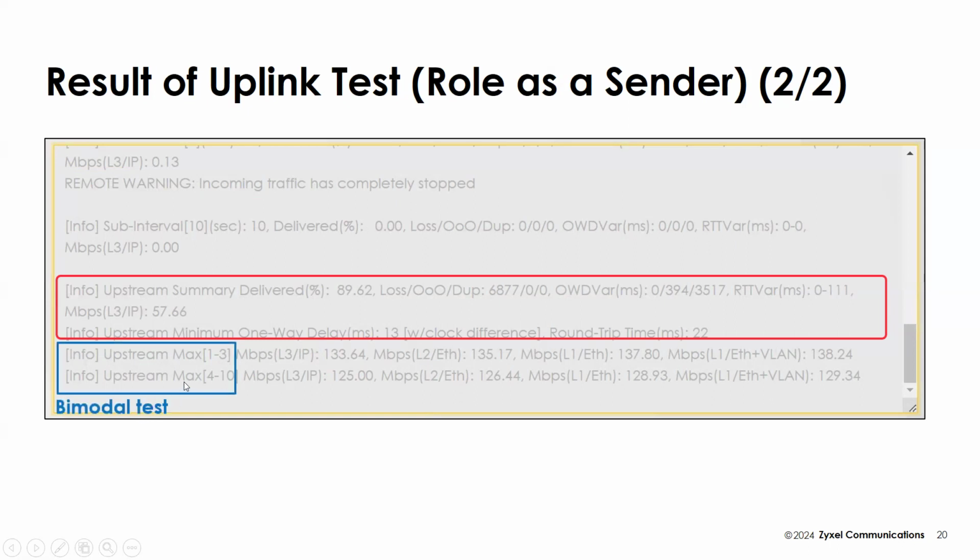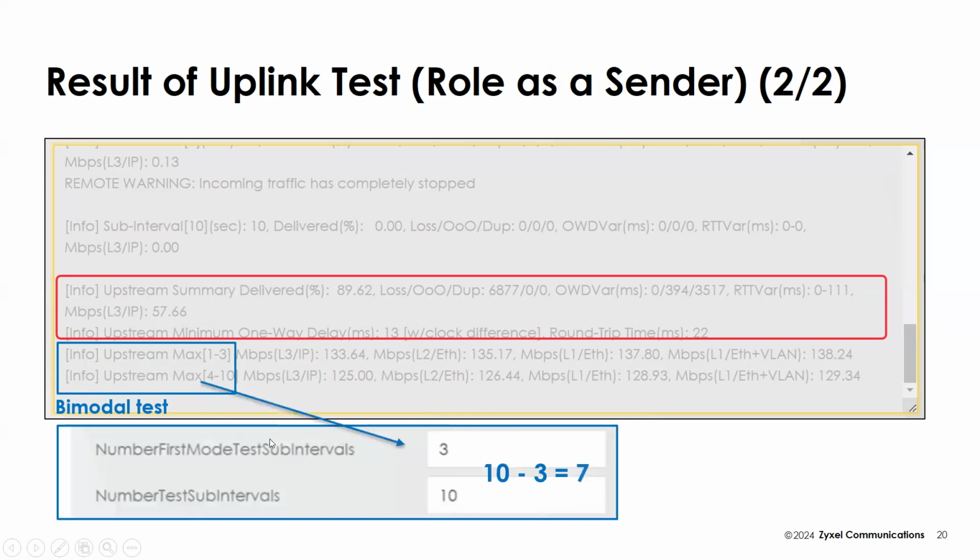In this case, we enabled a bimodal test function, which means the first three subintervals will be added as the first bimodal test. For the second, we get the value by subtracting 10 minus 3 to get 7, and the 7 will be the range of our second bimodal test in this example.